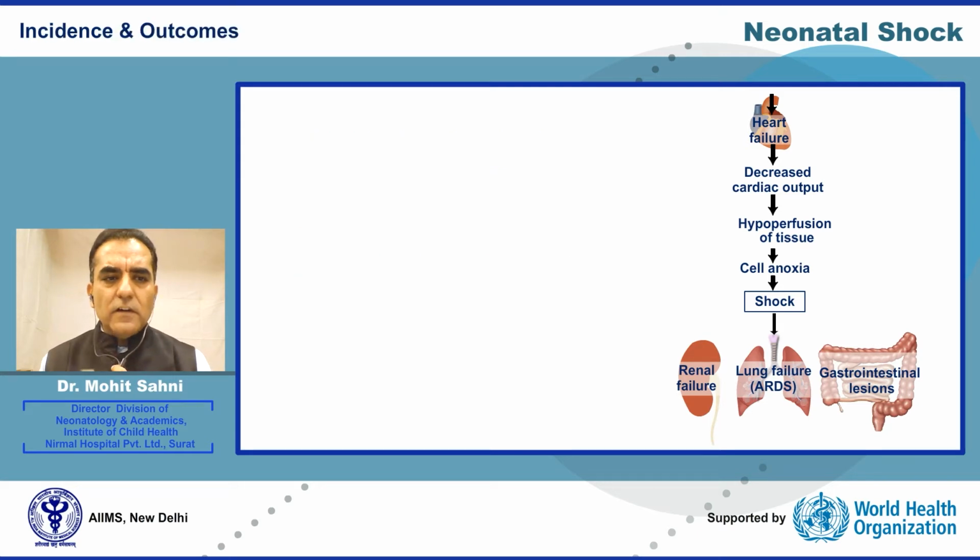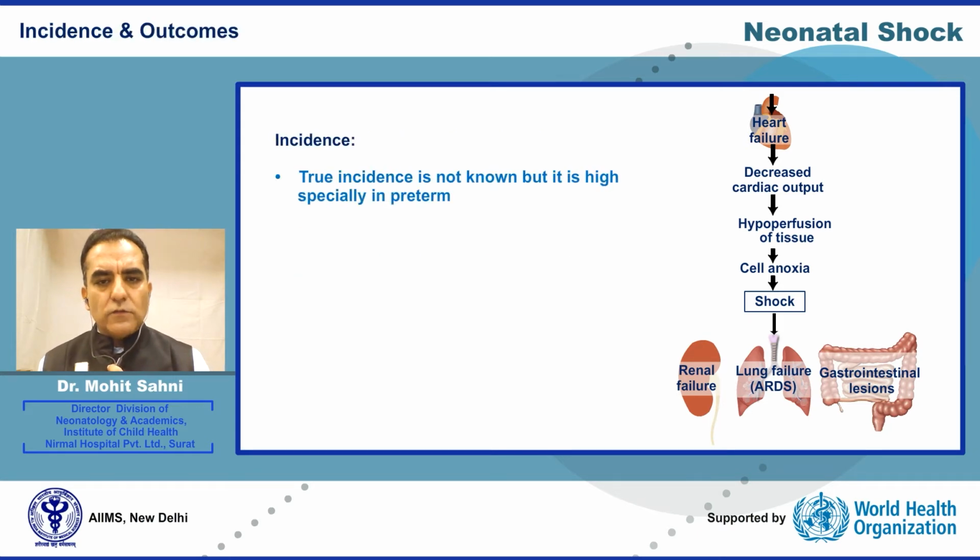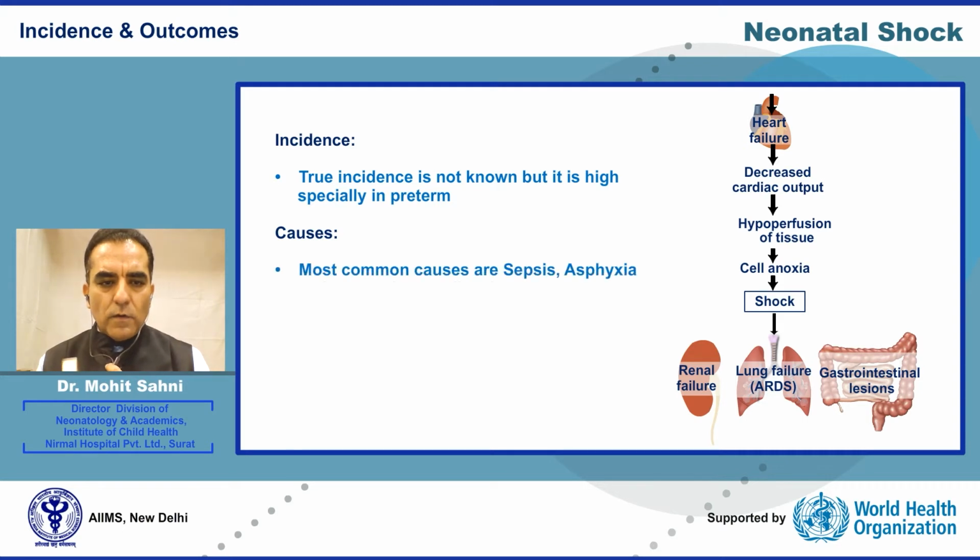It is very difficult to know the true incidence of shock in newborn infants from the published data, but one thing is well established: the incidence is higher in preterm babies as compared to term babies. We will discuss the causes of shock in this presentation, but the most common causes of neonatal shock in Indian scenarios are sepsis, birth asphyxia, and congenital cardiac diseases.